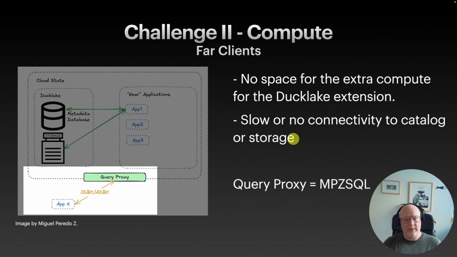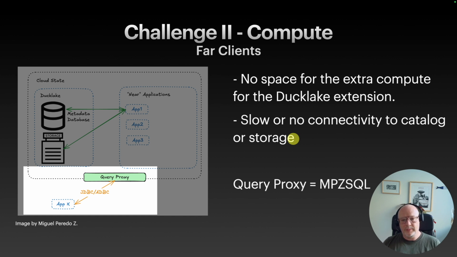Far clients, let's see if we can find a better name, but for now we call them far clients. Those are clients, for example an analytic tool or a BI tool, where there is no space for extra compute, or you don't have full control of the application, or it may be hosted somewhere and you cannot say, hey, run this also here.